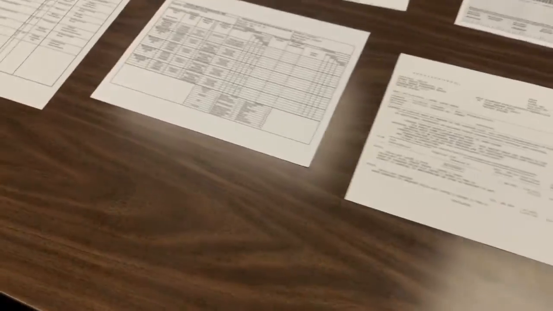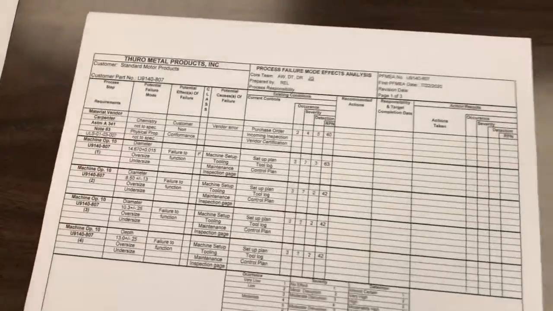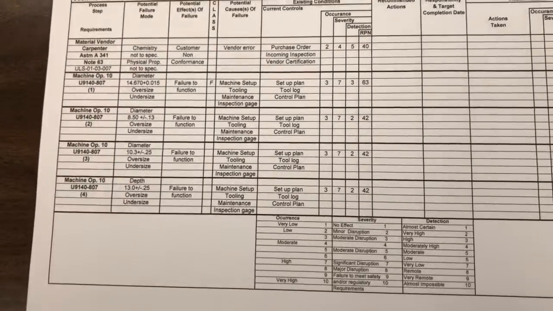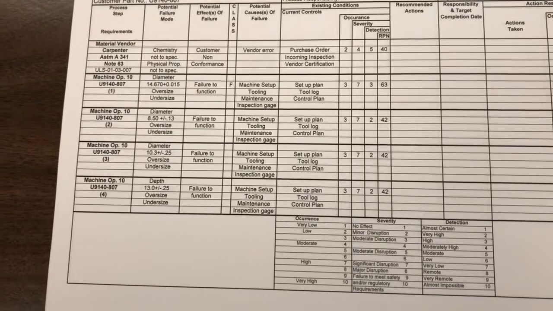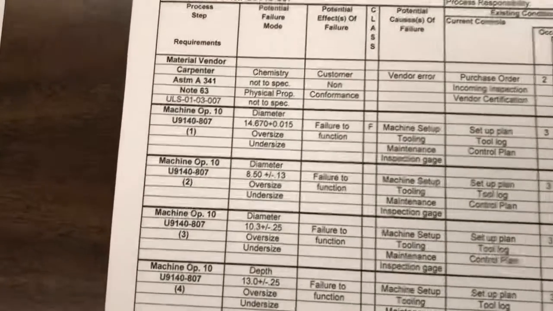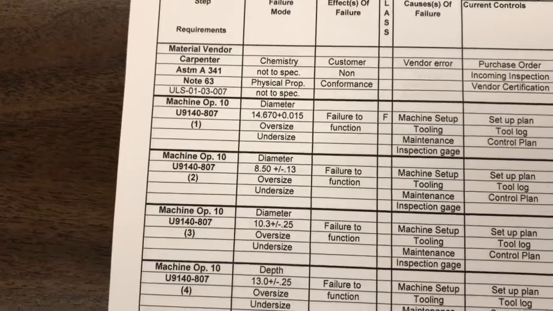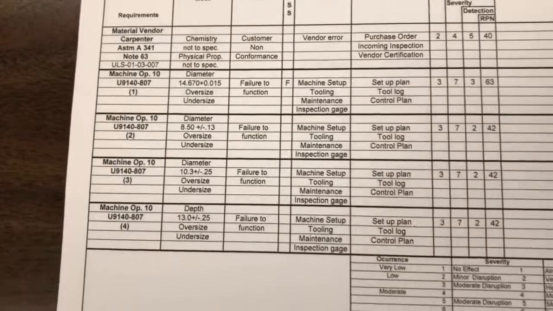What is this? This is called the FMEA. This gives a rundown of what can happen if this particular area of the part doesn't work.